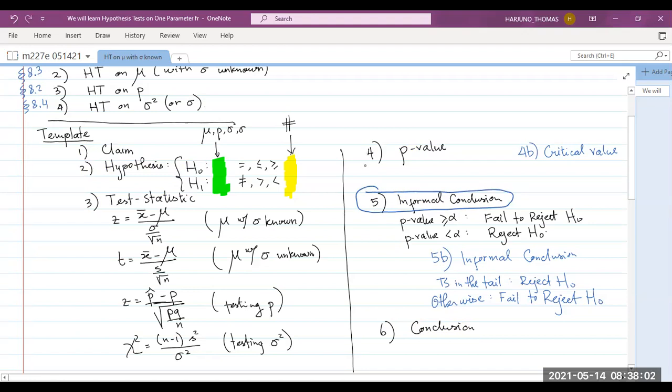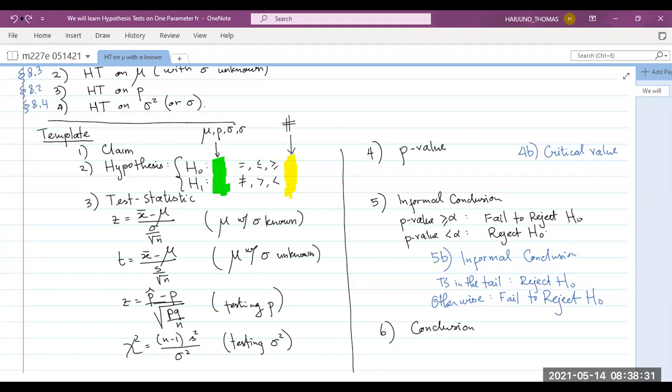So from step 4, your step 5 is the formal conclusion right away, in the formal setting, when you write a hypothesis testing report outside of my class. In my class, I still require you to write that informal conclusion. That step is actually provided to help you write a better conclusion in step 6.